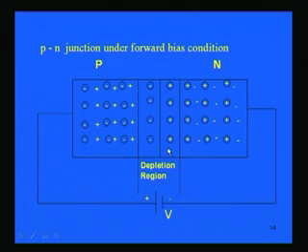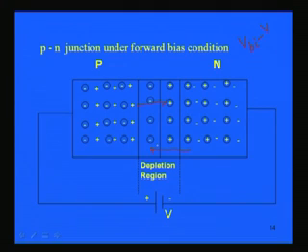So, the built-in potential VBI is reduced by this amount V. More and more holes will easily cross over to the N side, because they are offered less potential barrier, reduced by this voltage. More and more electrons will cross over to the P side.